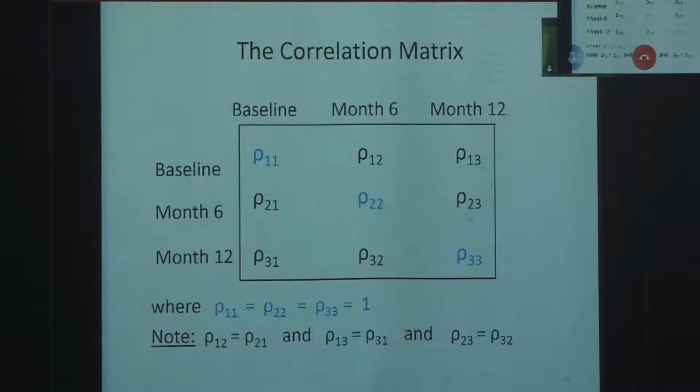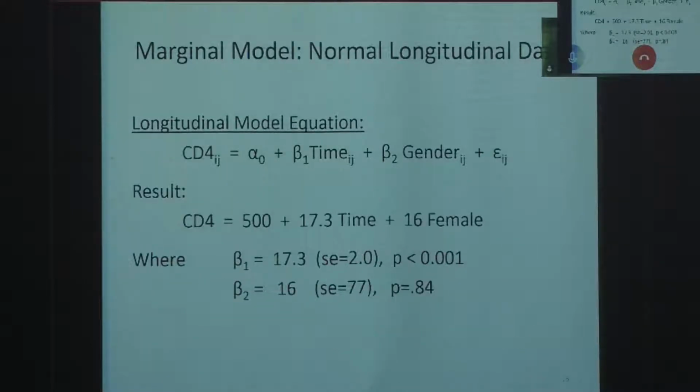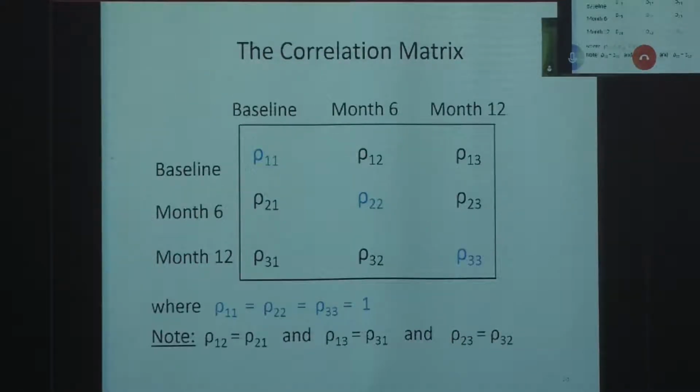But remember, we were interested not in these correlations, we were interested in the effect of time and the effect of gender, 2 estimates. And your program needed to estimate their standard errors. Now I'm saying that your program also needs to estimate 3 correlations. Anytime we ask more of your software program, all of the estimates are going to become a little bit more unstable.